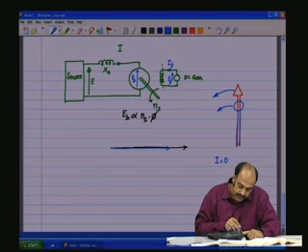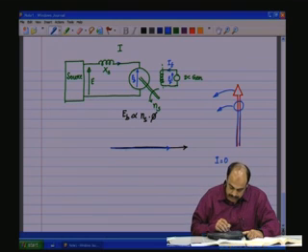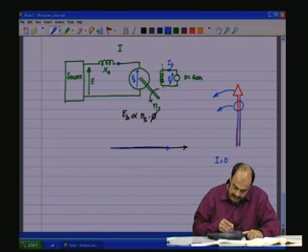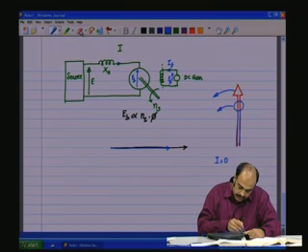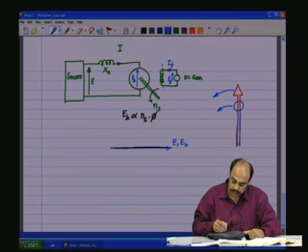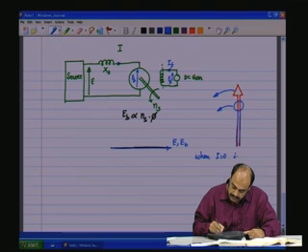Therefore, E and EB will be along the same line, and exactly the same point, which I am going to show as this. So this would be E comma EB when I is equal to 0, that is no load.